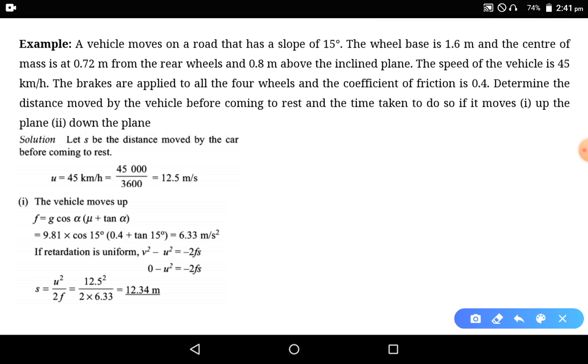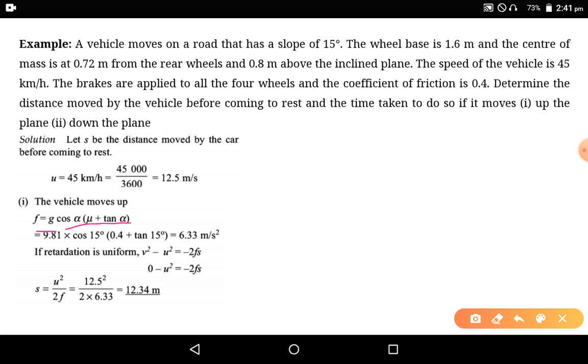Here acceleration or retardation, you can put anything with proper signs. So it is retardation, that's why we are putting minus f. So put the values of initial and final velocity and the retardation, you will get the time, and the time is 1.97 seconds, right? Okay, let's consider the second case when the vehicle is moving down the plane.